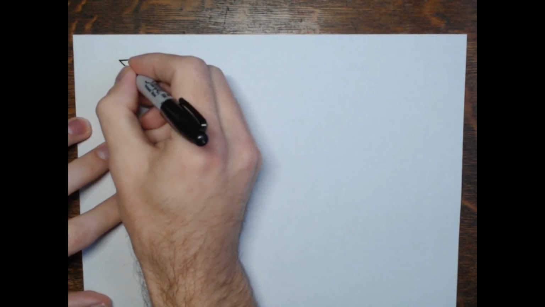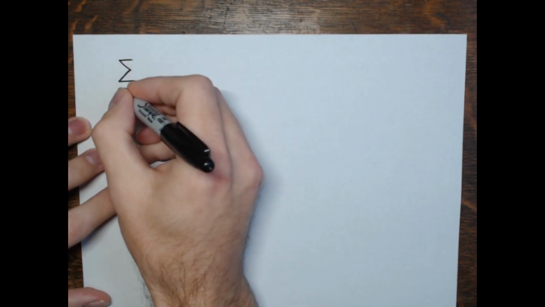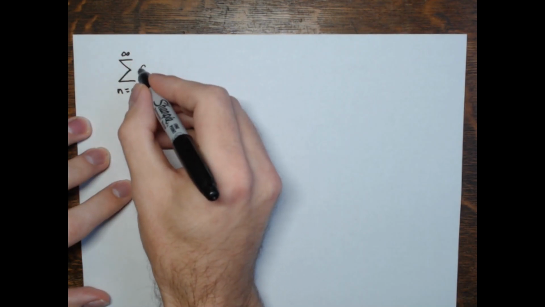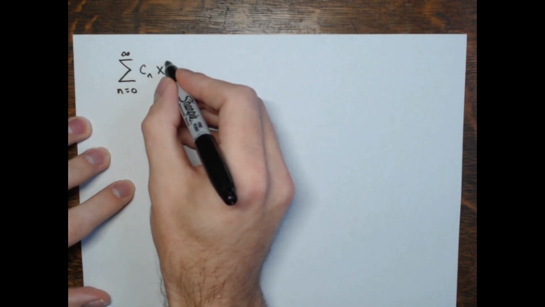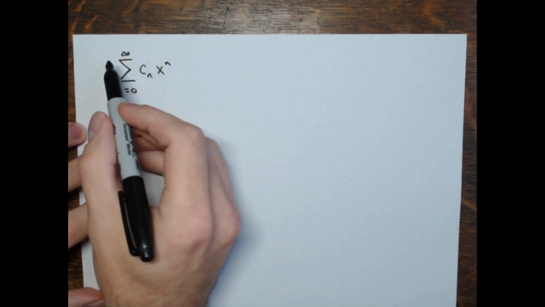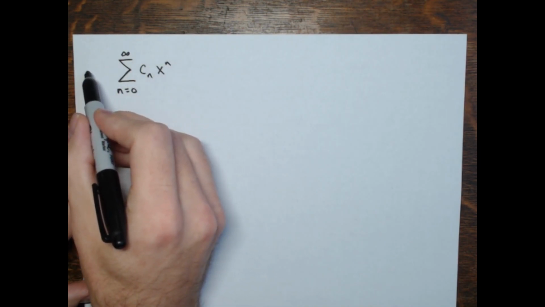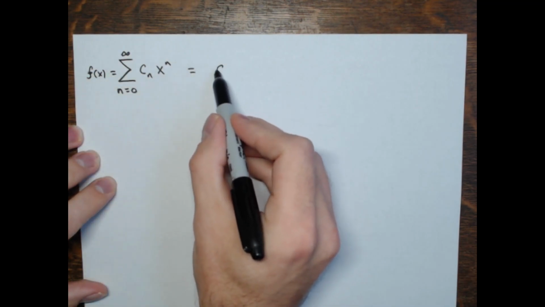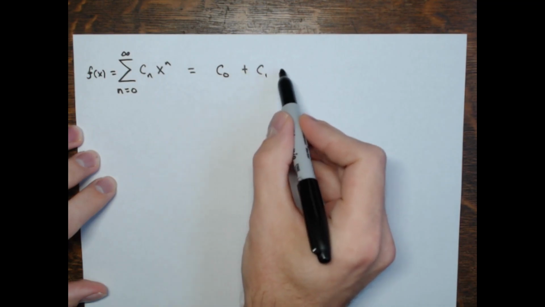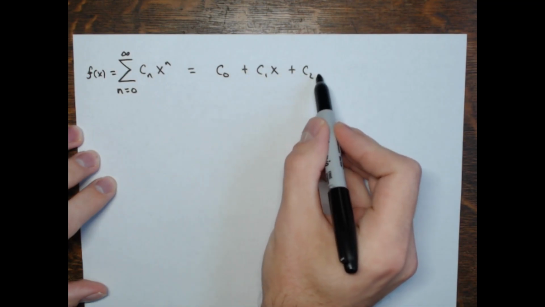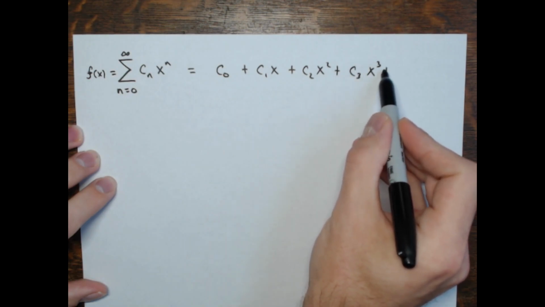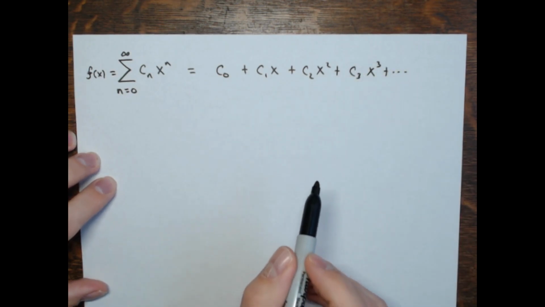So remember what a power series looks like. So say you have the sum from n equals 0 to infinity of c sub n times x to the nth, and we'll just do a power series centered at 0. So say that's f of x, right? Some function of x. All right, so this would be c0 plus c1x plus c2 times x squared plus c3 times x to the third, and so on.